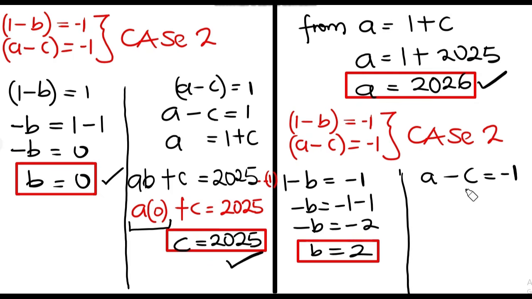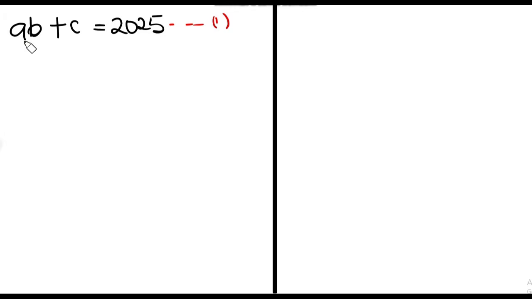Then for this, a equals minus 1 plus c. To get the remaining variable, I've gotten b, so I'm going to go back to equation 1, which is ab plus c equals 2025. Because b equals 2, I'm going to have 2a plus c equals 2025.